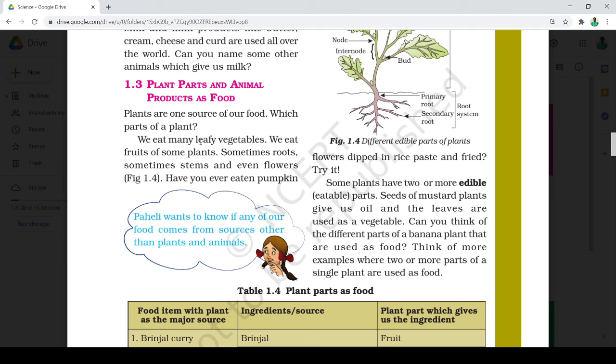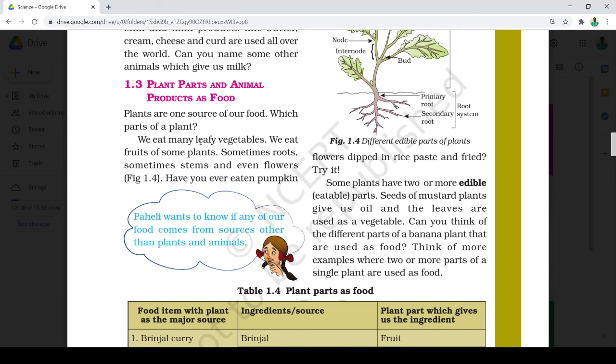So now earlier we have studied that plants are one source of food, didn't we? Yes. We eat many leafy vegetables, right? Like spinach, cabbage. We eat fruits of some plants. Don't we eat fruits of plants?